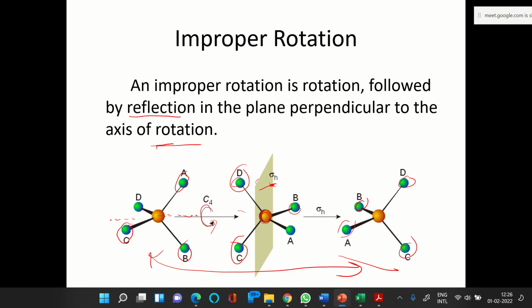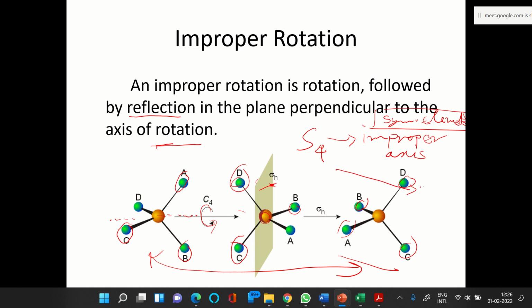So this is an example of a CH4 molecule, where this combination of C4 and sigma h is called S4. Improper rotation, improper axis, and the operation that, so this is the symmetry element named, and the name of the operation is improper rotation.